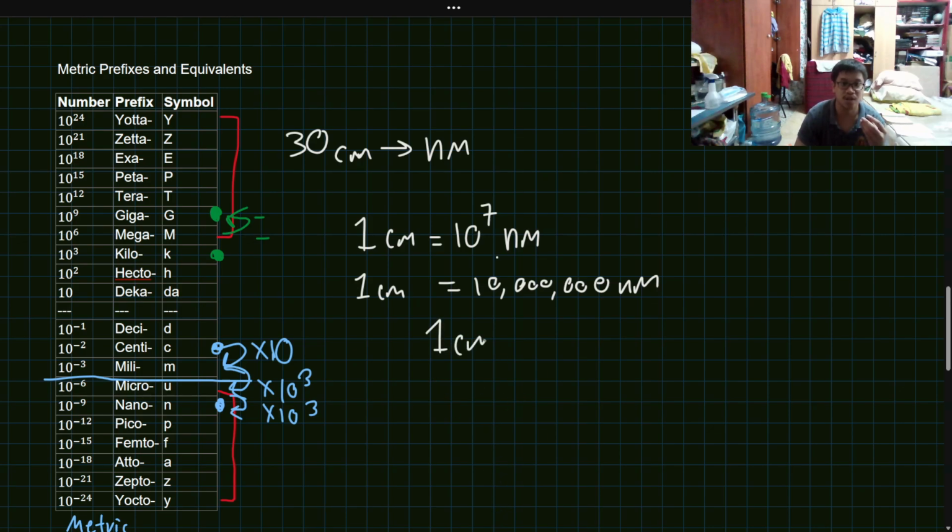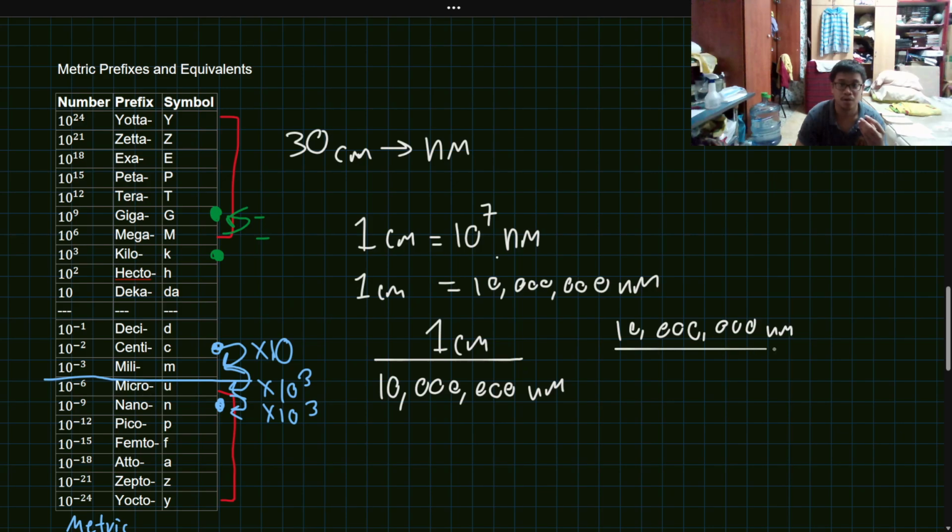It's either 1 centimeter all over 10 million nanometers, or you have 10 million nanometers all over 1 centimeter.